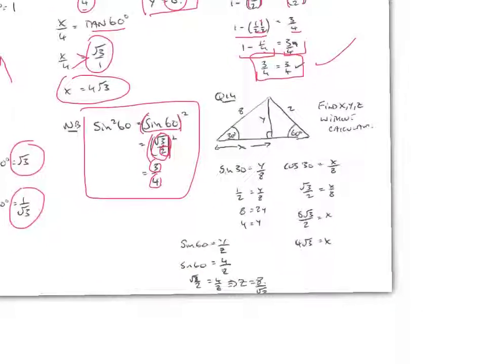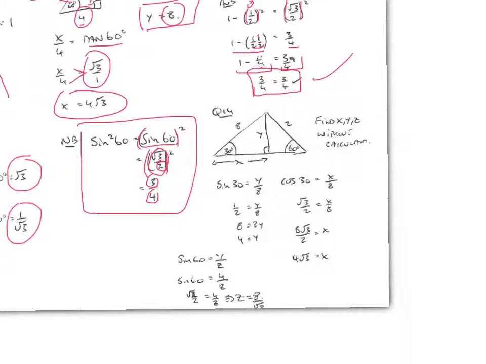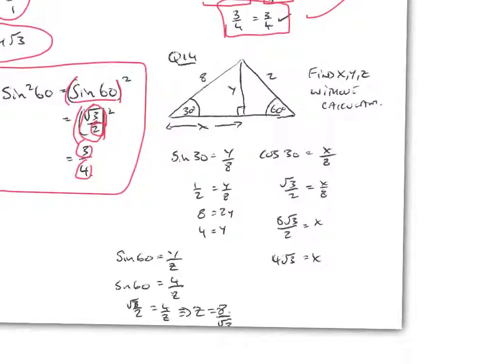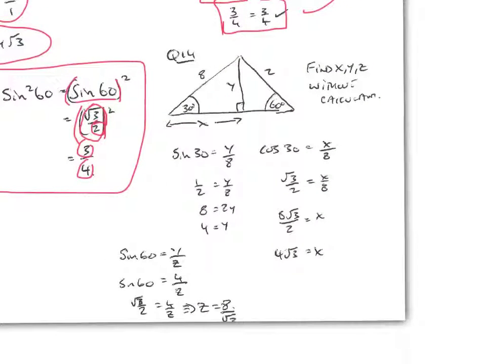And let's look at question 14. Find x, y, and z without using a calculator. Okay, so here is our right angle triangle, two right angle triangles, but let's find y first, okay?